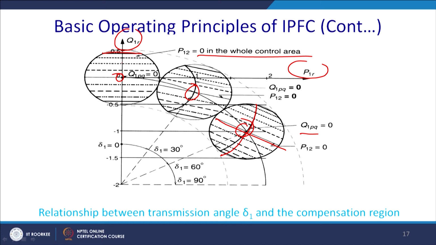So, it is actually here, and thus gradually we can see that this bold line gets shifted. So, for this reason, this is the relationship of IPFC with a change in delta. So, you can see that with increasing delta, it has a whole range of operations of the PQ.